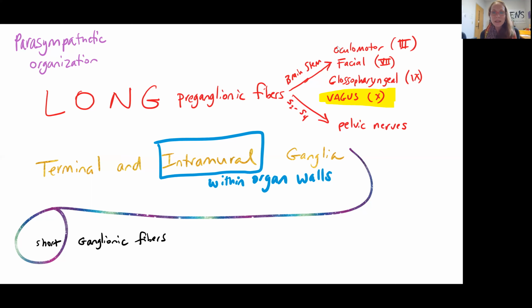So those preganglionic fibers clearly have a far distance to travel to actually become connected to those ganglionic fibers. And then that means those ganglionic fibers can be super duper short because they're close to the effector tissue in the case of the terminal ganglia, or they're embedded in the wall of the effector organ in the case of most of the organs there in the thoracic and abdominopelvic cavity.